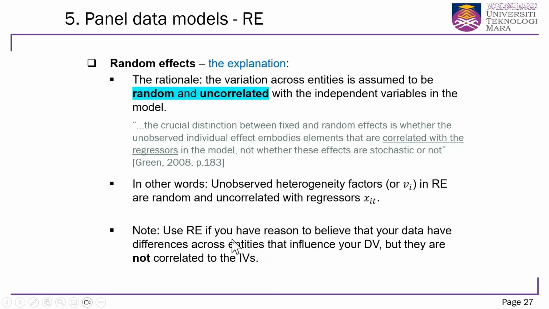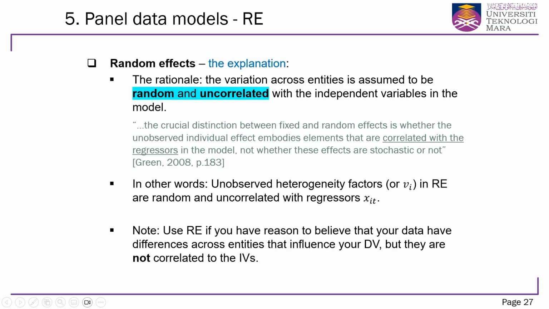To understand the random effects estimation, let's just read the statement here from the green textbook, page 183. The crucial distinction between fixed and random effects is whether the unobserved individual effect embodies elements that are correlated with the regressors in the model, not whether these effects are stochastic or not.